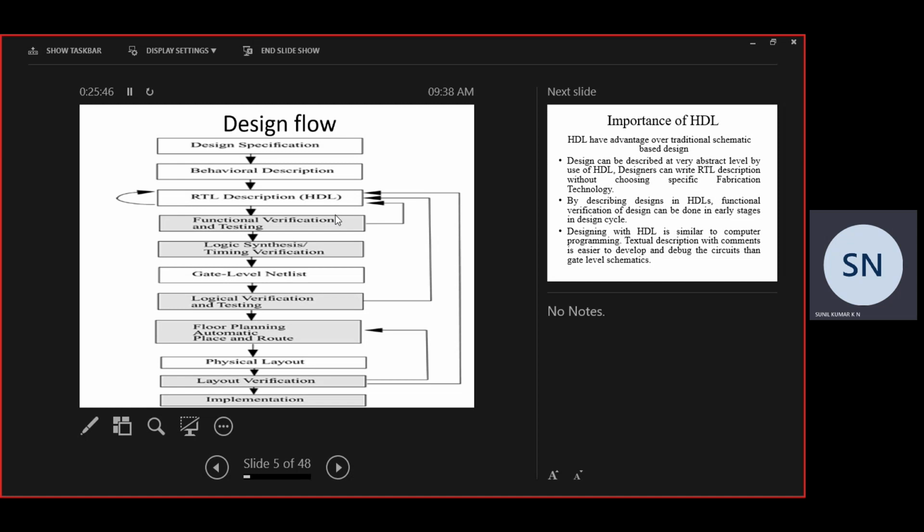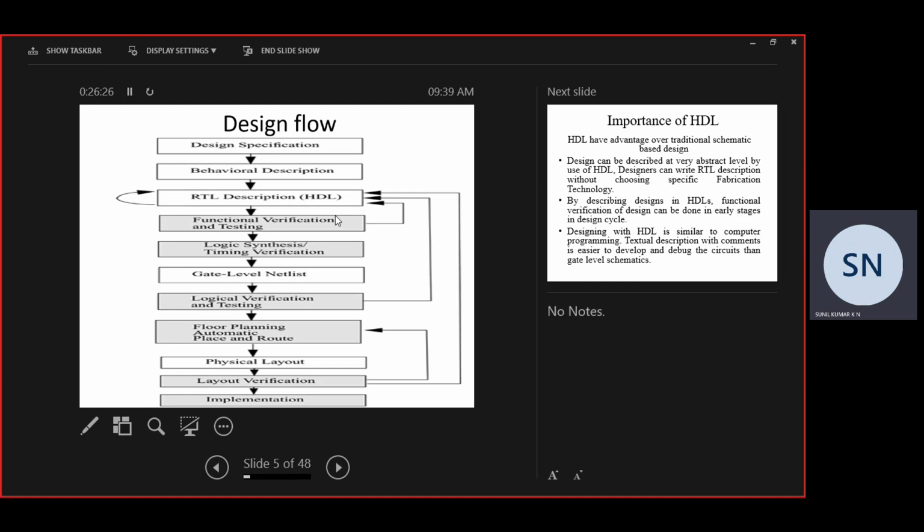Since both the transistors are on, the ground value will reach the output. So what is the output? 0. This 0 will drive this transistor and this will be in off state. So from VDD to here, I will be getting output as 1.